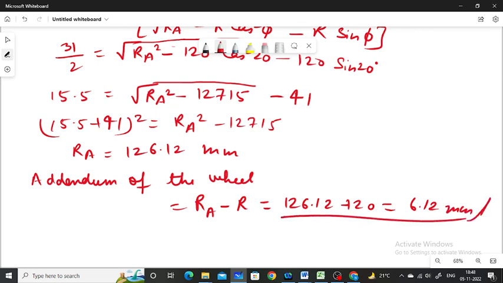Okay, it is the answer. This question depends on the length of path of contact. Note down the solution of the question.